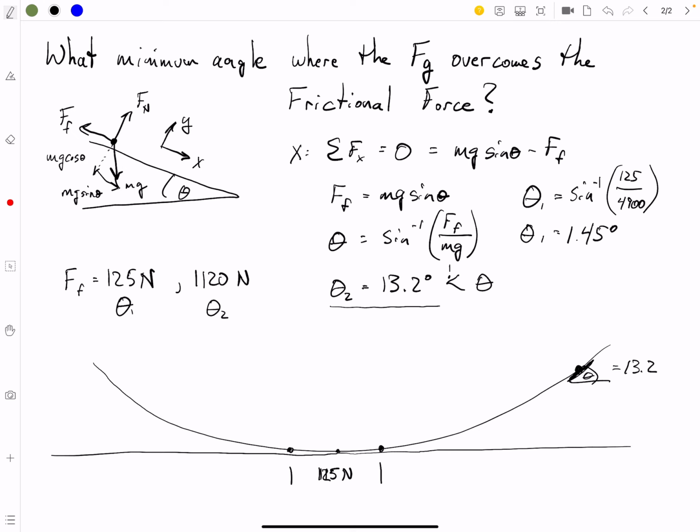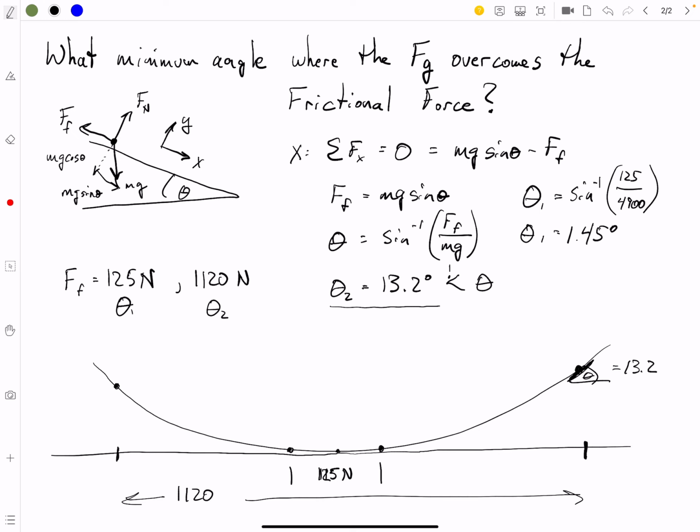Okay, 125 newtons. This is the range that it would stop in if we had the 1120 newtons. It could end up anywhere between there and there.